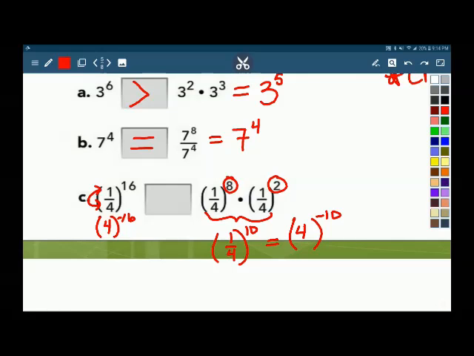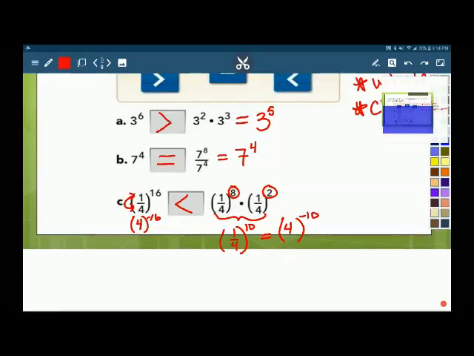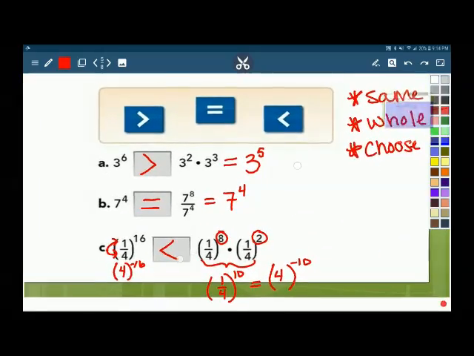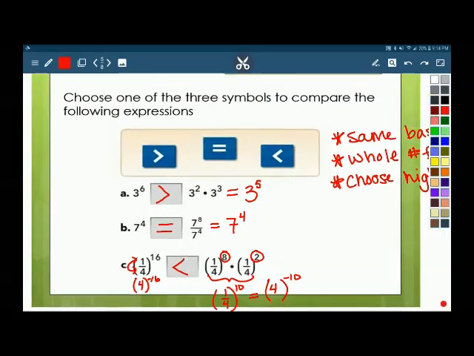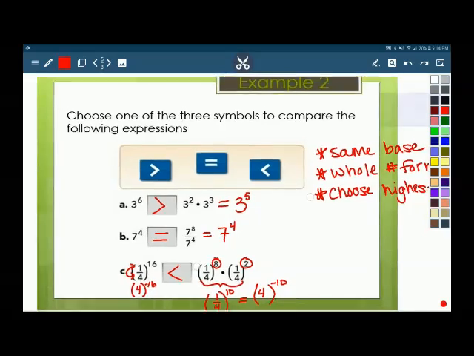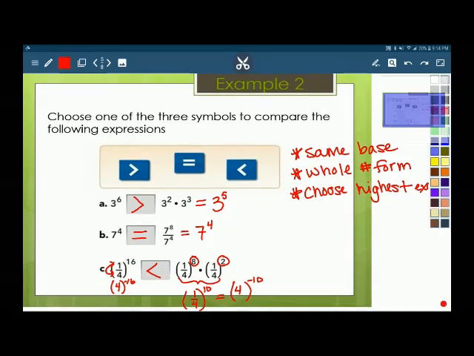So 4 to the negative 16 is actually less than 4 to the negative 10. Now, I would highly recommend doing this anytime you see a fraction: go ahead and make the exponent sign opposite and flip that number so that you can still compare which exponent is larger, not having to think about fractions or anything like that. When we say compare, you're trying to tell which one's bigger or if they're equal.